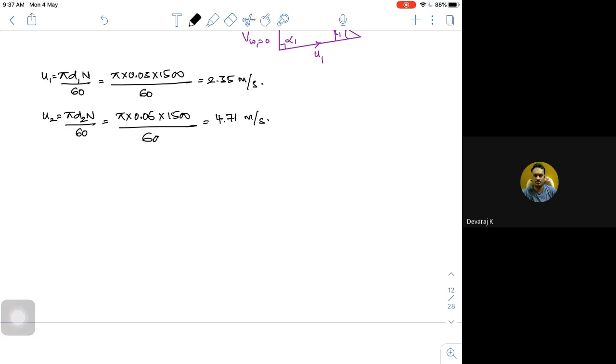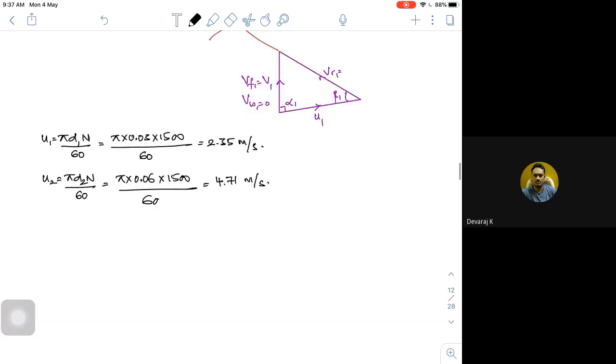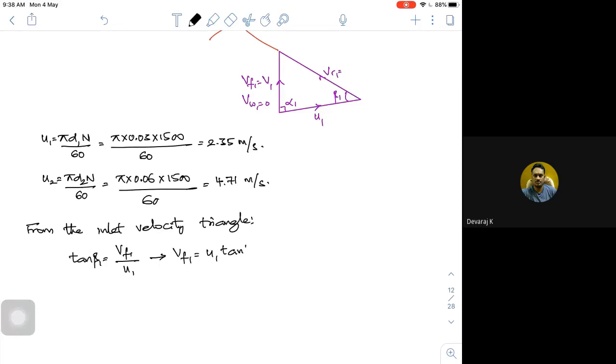Now let us consider the inlet velocity triangle. From the inlet velocity triangle, if I take tan beta 1, what is it actually? Tan beta 1 is equal to your opposite side, which is V1 or Vf1, divided by your adjacent, which is U1. So I can write Vf1 is equal to U1 into tan beta 1.